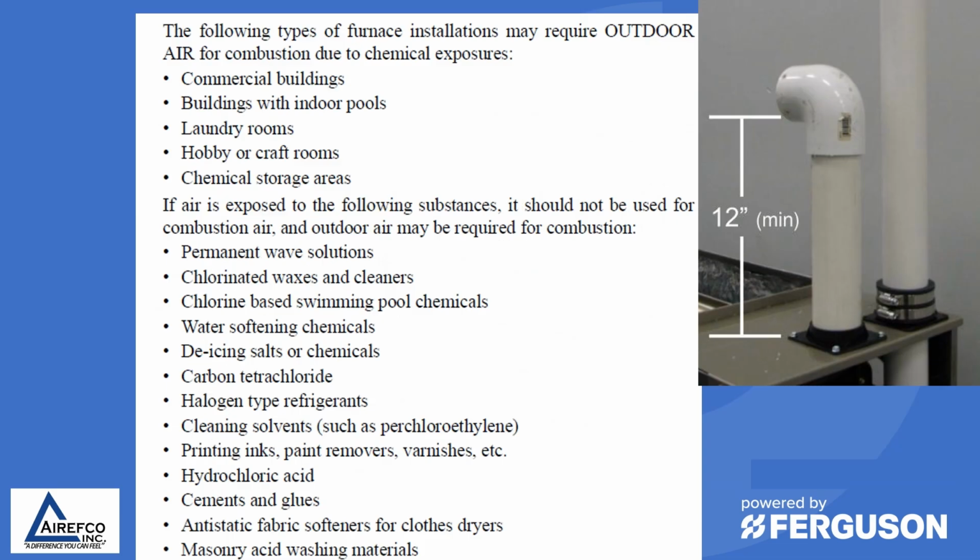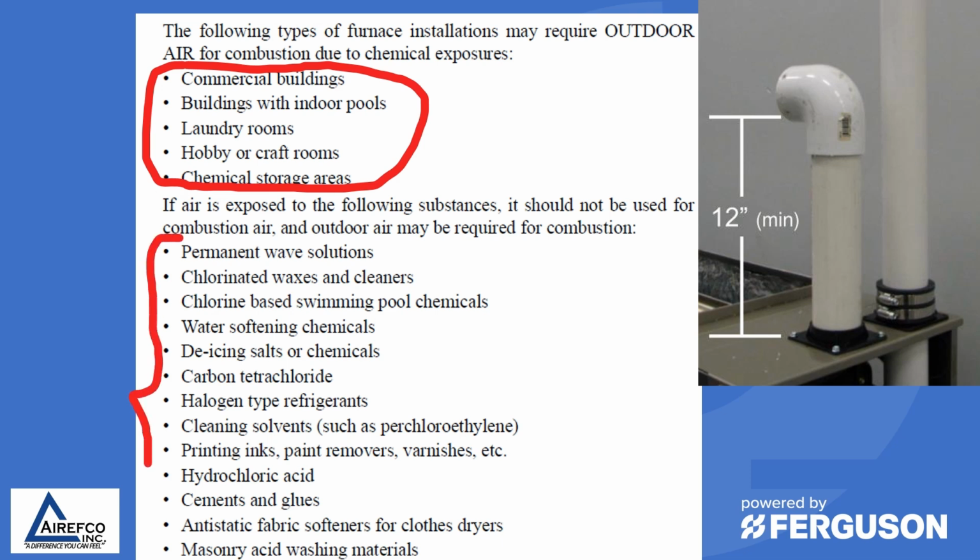In many of your 90% furnace installation guides, they tell you that you can draw the combustion air for the furnace from the inside air where the furnace is installed. But they also have a caution that in certain types of buildings, such as commercial buildings, buildings with indoor pools, laundry rooms, hobby or craft rooms, or chemical storage areas, you really need to bring outside air in for combustion due to chemical exposures.